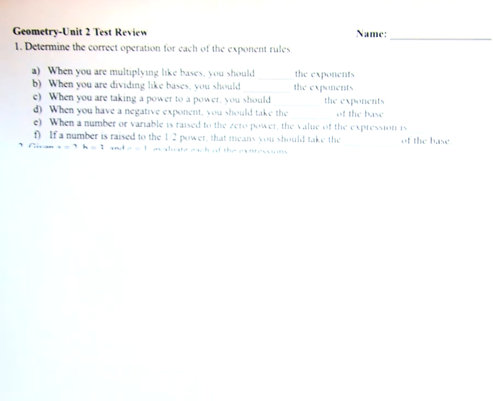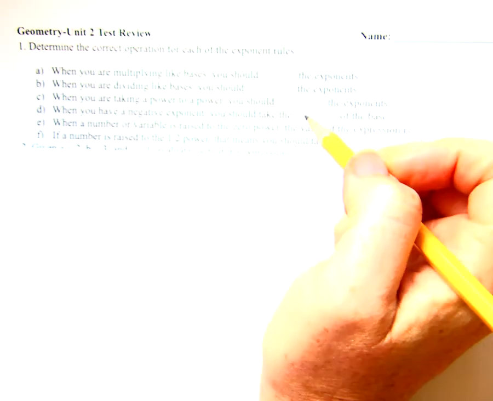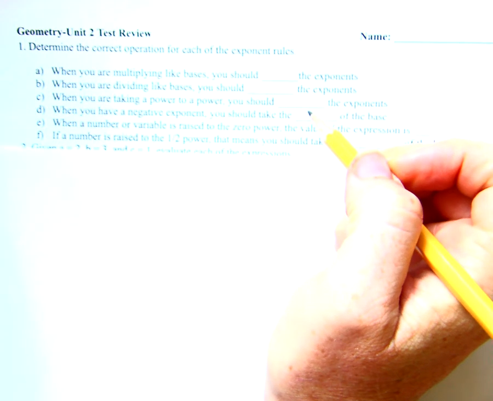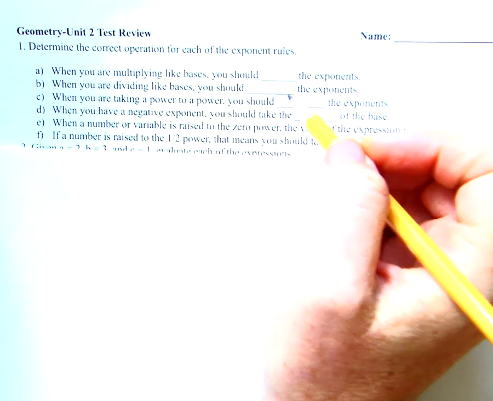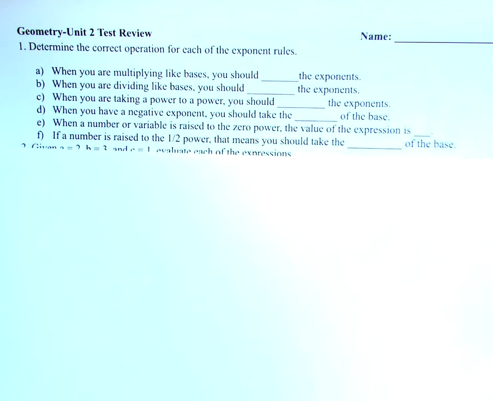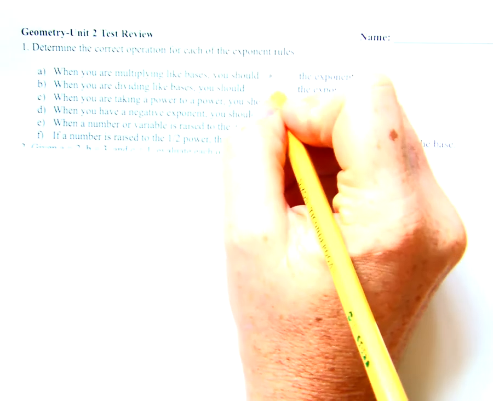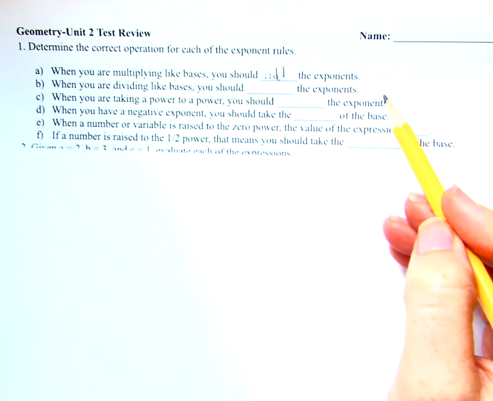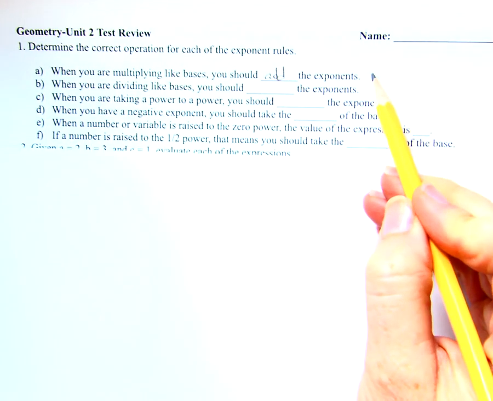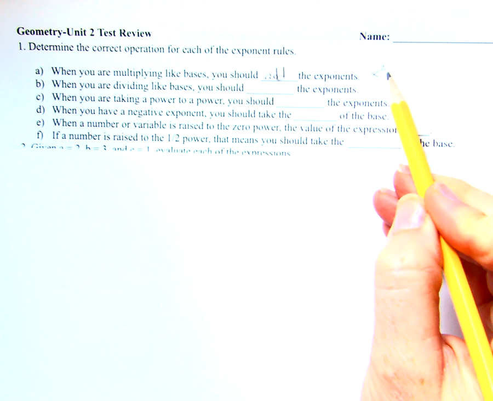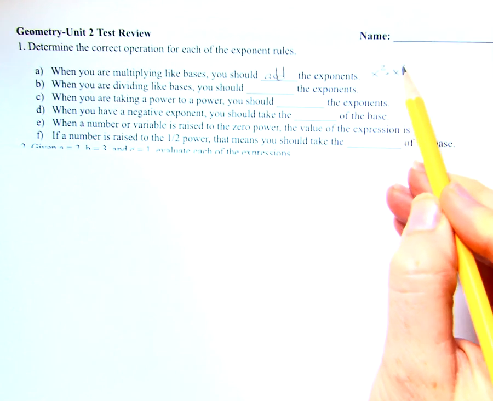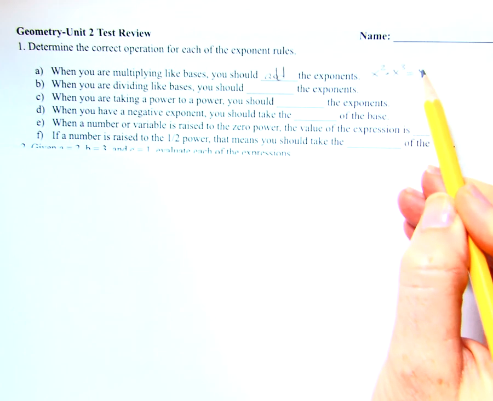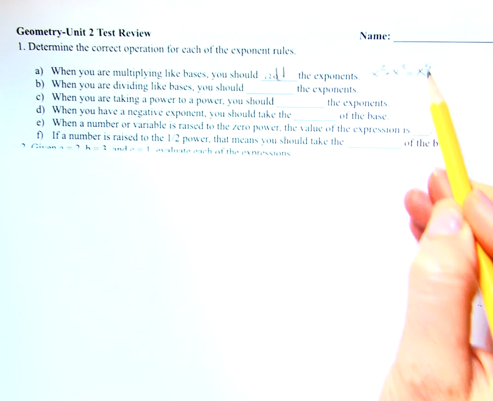When you are multiplying like bases, you should add the exponents. For example, if we were looking at x squared times x to the third, we would add 2 plus 3, and that would give us x to the fifth.